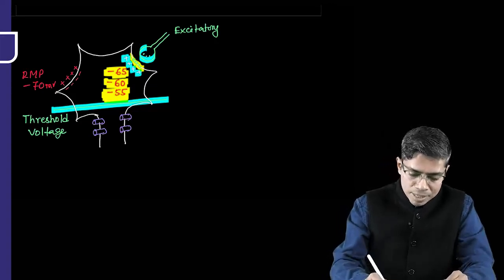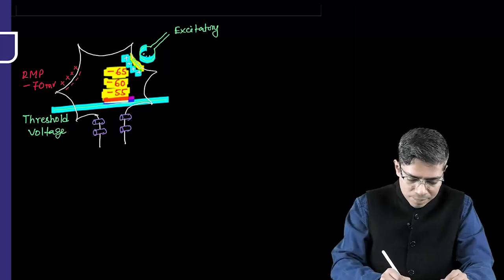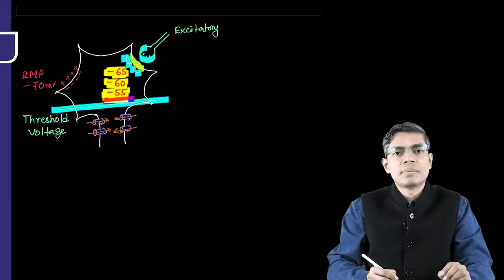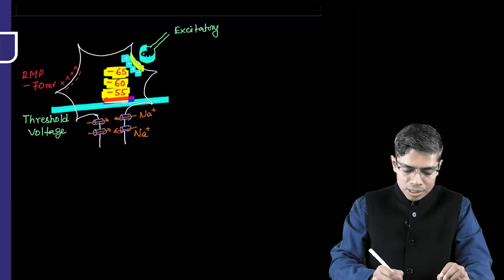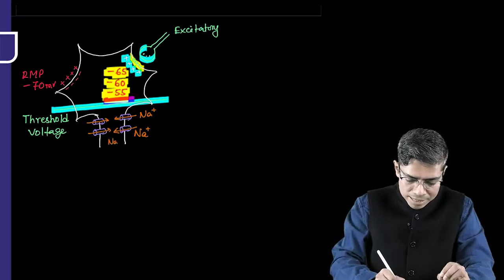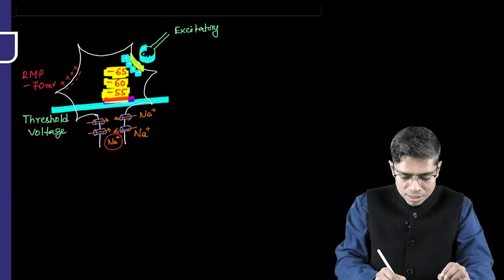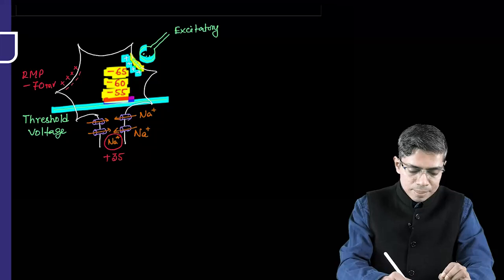So whenever the membrane voltage crosses this minus 55 millivolt, almost all the voltage gated sodium channels present at the area of the initial segment will open up simultaneously. Look at my word: all of these voltage gated sodium channels will open up simultaneously, due to which a huge amount of sodium will enter the cell, and this huge amount of sodium will raise the membrane voltage to plus 35 millivolt.